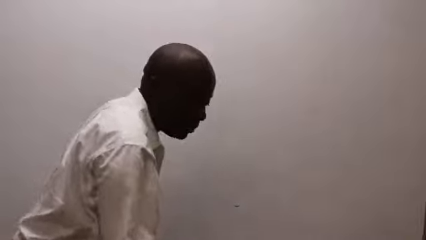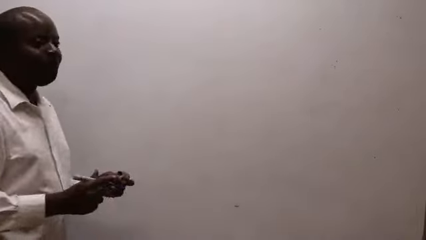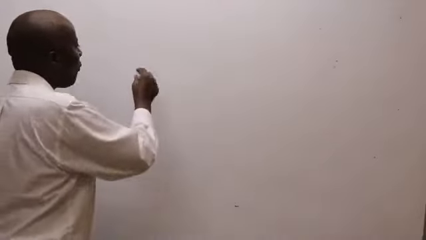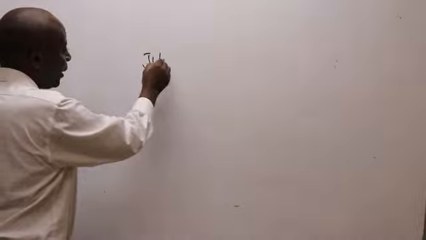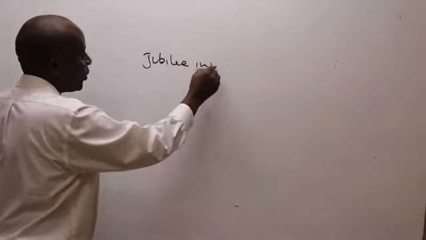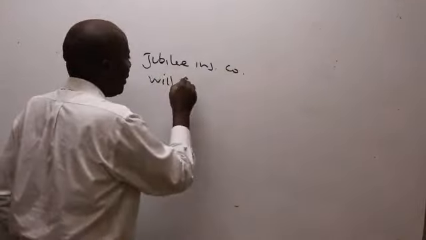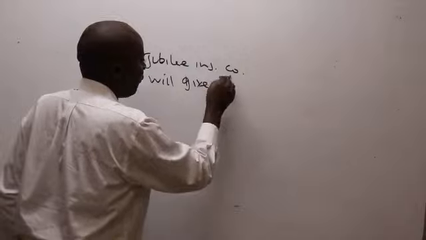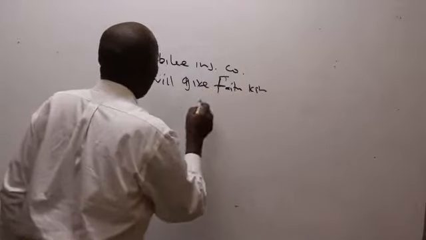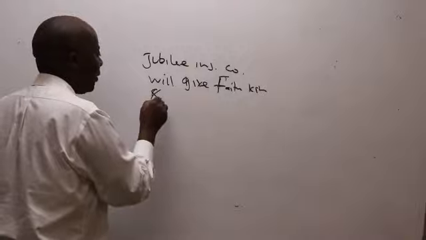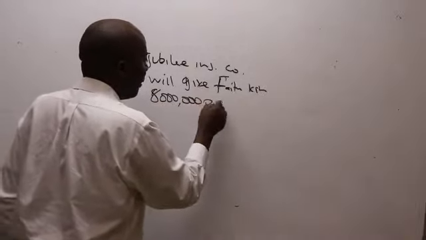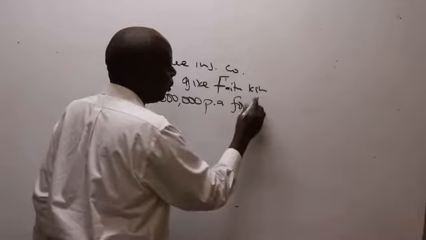If Faith Kimani, for example, invests in some education policy, and this education policy has matured, this is its year of maturity, although the arrangement she has with Jubilee Insurance Company is that from today, Jubilee Insurance Company will give Faith, this is a rich lady, Kenya shillings 8 million per annum. For how many years? For 8 years.